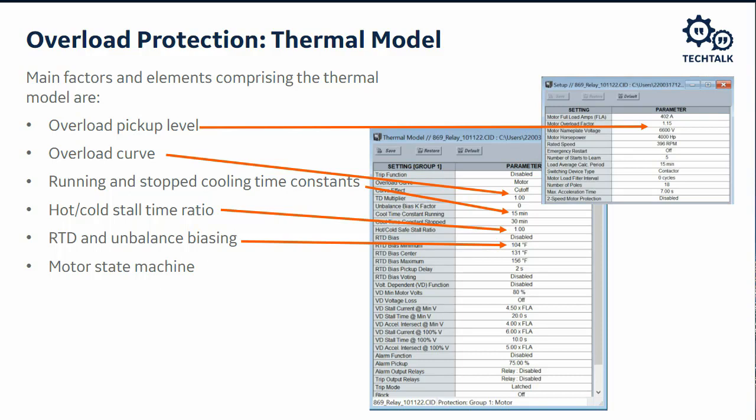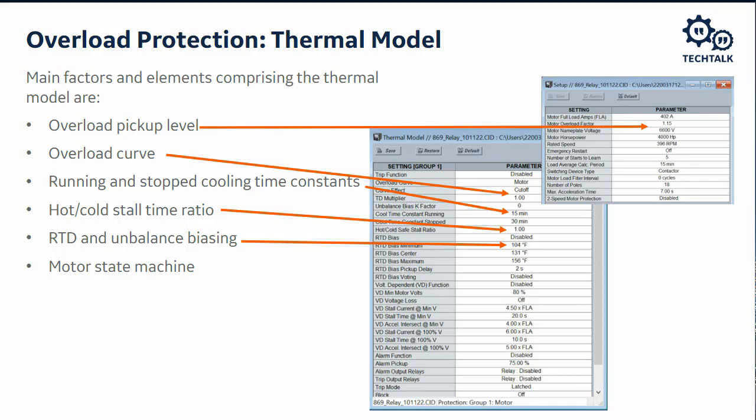We're going to set an overload curve, and that's in the 869, called a TD multiplier. If the overload type is set to motor, that's the second setting from the top on the thermal model there, that TD multiplier corresponds to standard overload curves for motors.